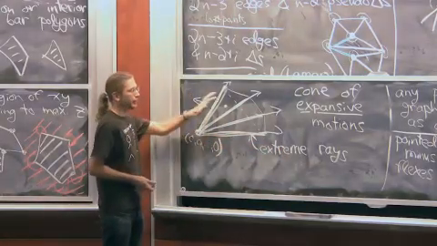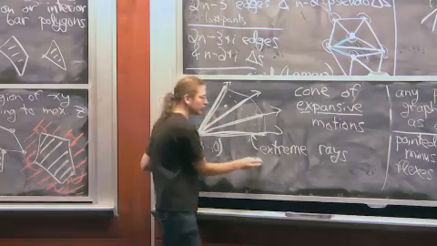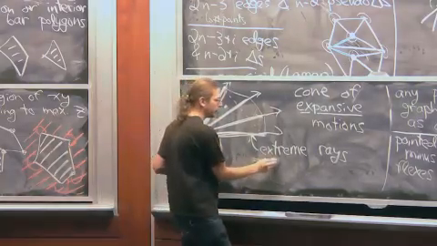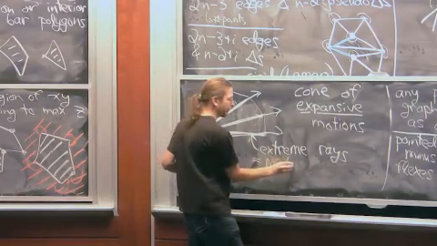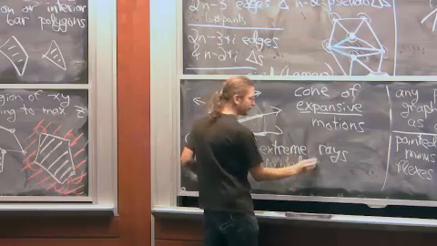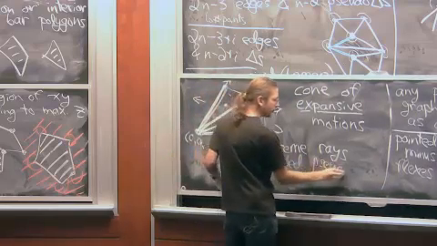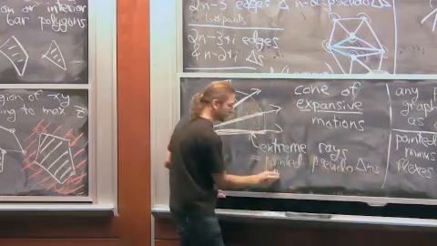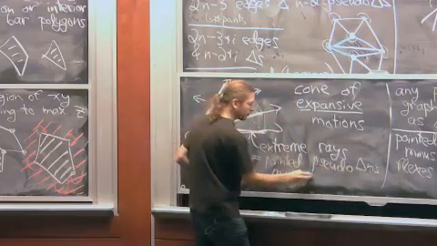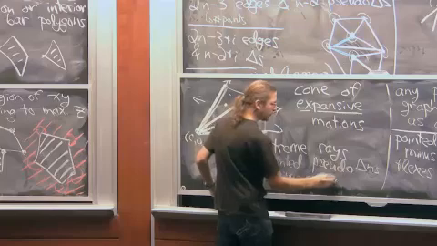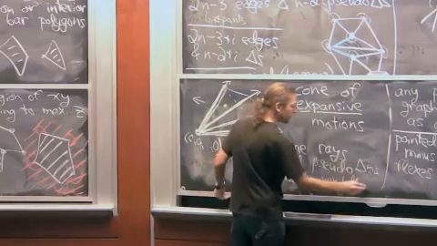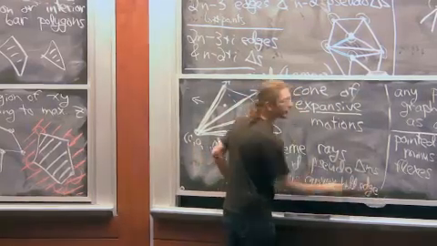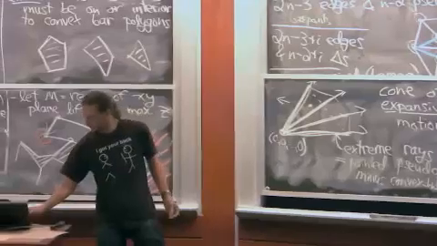The extreme rays in the cone of expansive motions equal pointed pseudotriangulations minus one edge. I think I have a slide about it.